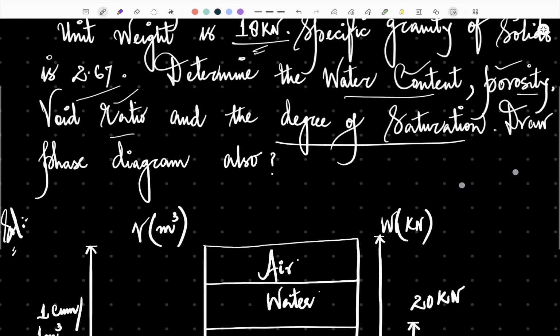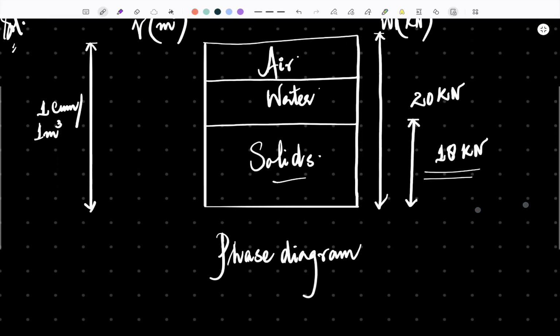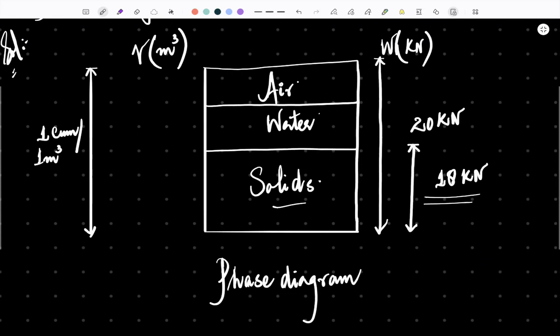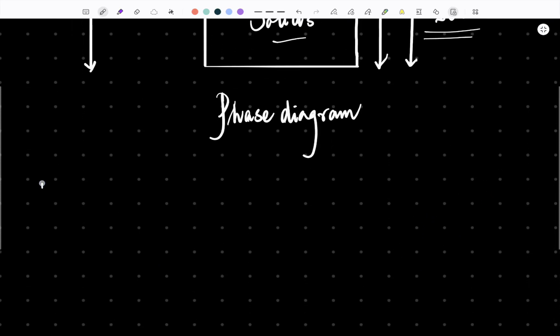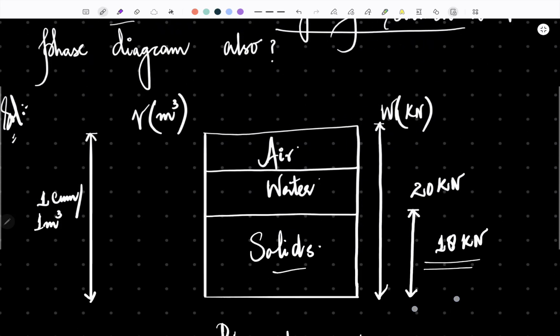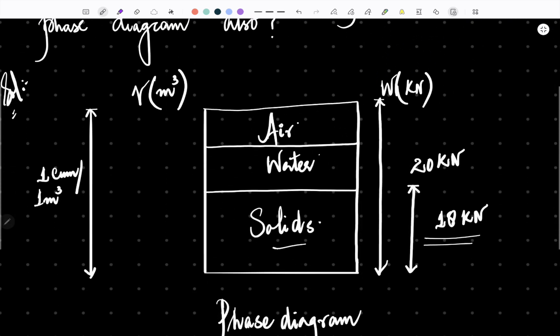All right. So we have to now solve this question. We have made a phase diagram based on the data given in the question. We'll be solving this question stepwise, and please keep on watching. All right. Weight of water. The total weight of the wet soil is 20 kilonewtons, out of which dry soil weighs 18 kilonewtons.